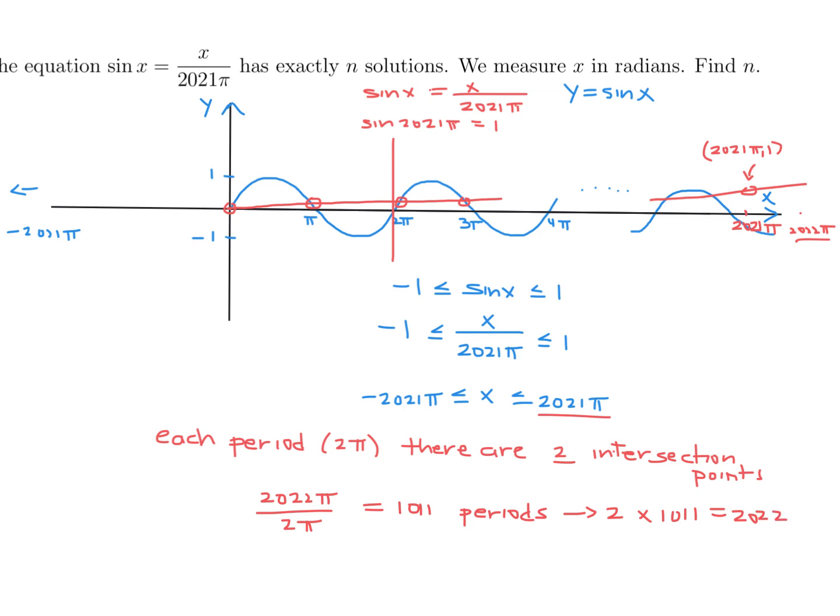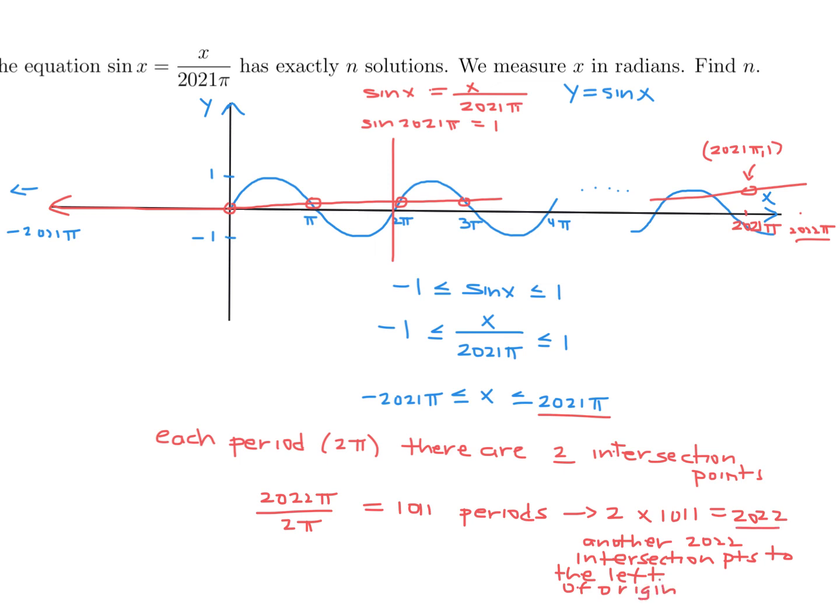Okay, great. But we didn't talk about this guy, right? That's going to be the exact same story. It's also going to have another 2022 intersection points, to the left of the origin.